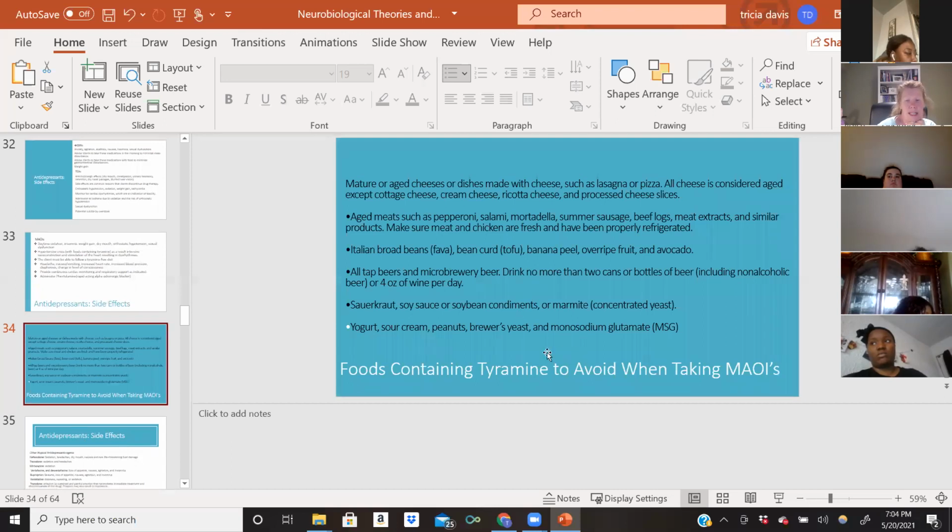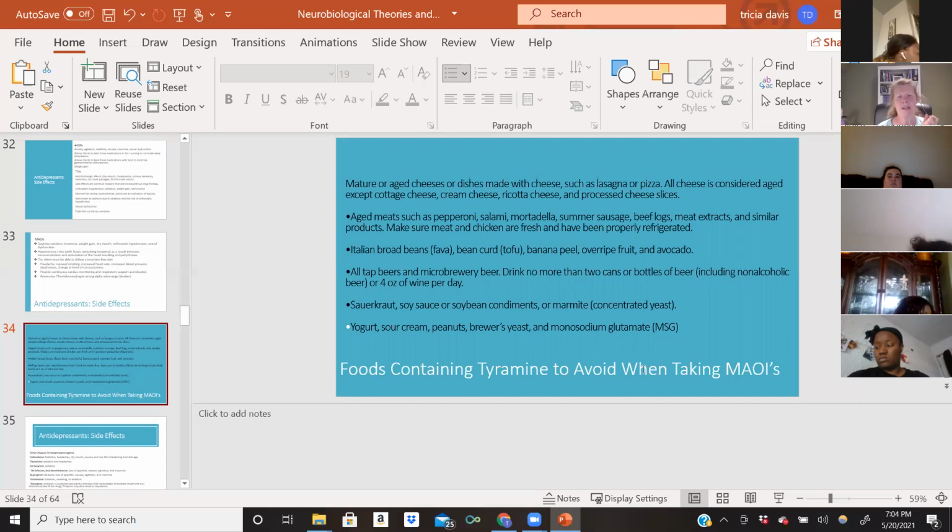So foods that contain tyramine are mature or aged cheeses, certain dishes made with cheese, such as lasagna or pizza. All cheese is typically considered aged except for cottage cheese, cream cheese, ricotta cheese, and then those processed cheese slices wrapped in plastic.